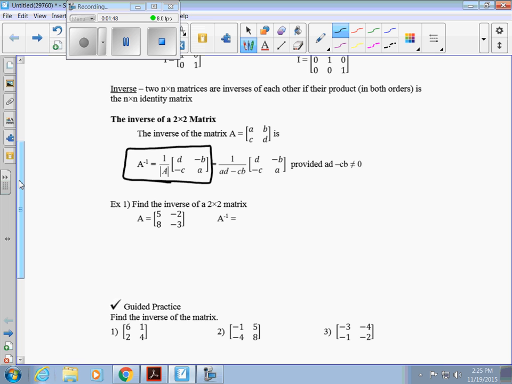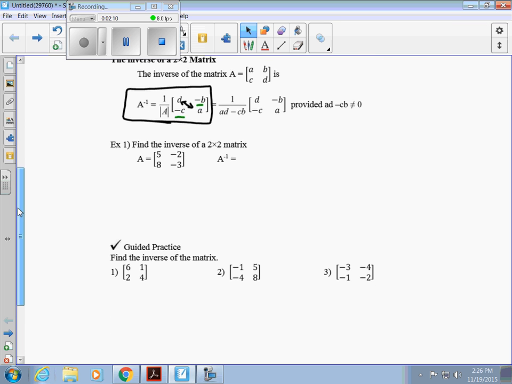And then we're going to multiply that by the new matrix that we have. And notice here we're just switching A and D, those two switched places, and the B and C are just switching signs. So we're going to find the determinant and then multiply it by that new matrix.